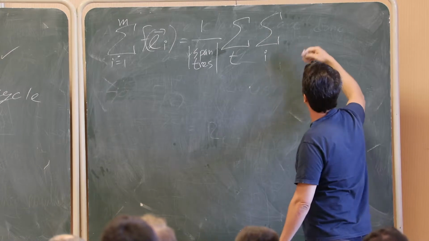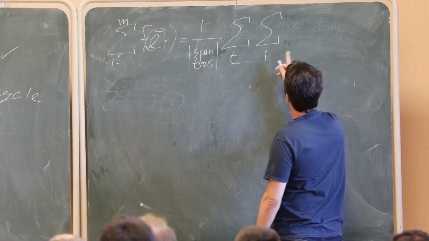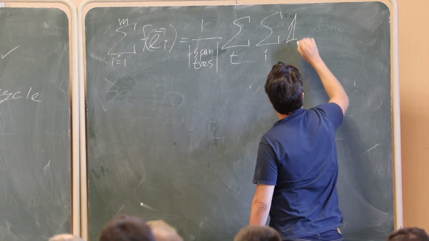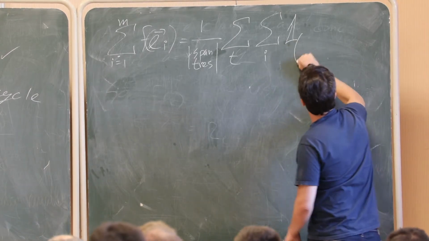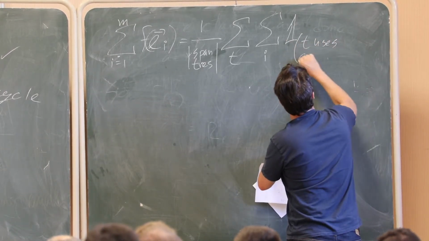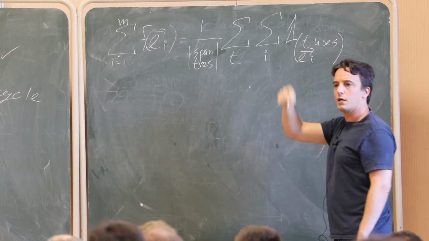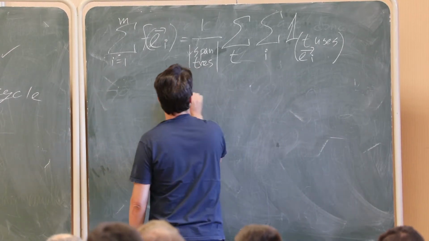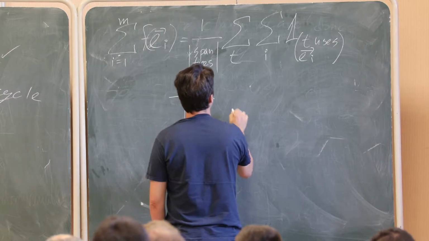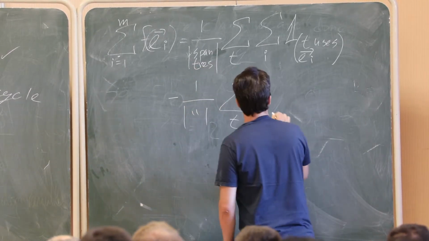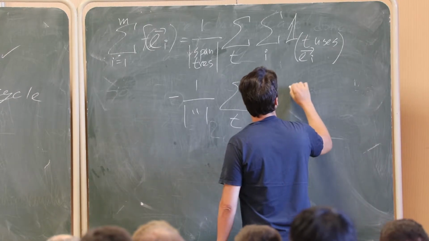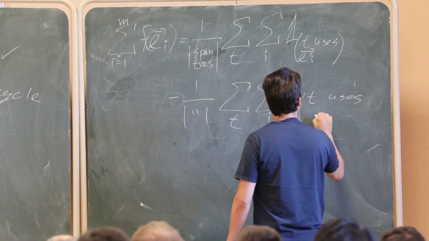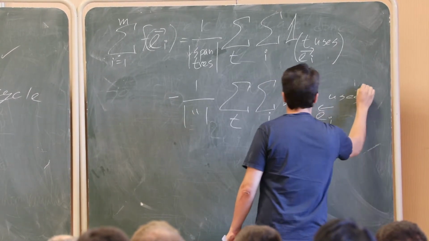So I'm just going to split the plus and the minus into two separate sums. So this will be the indicator that t uses e_i for the unique path from A to Z, and I also need to add the minus: minus 1 over the number of spanning trees, the sum over the trees, sum over i of the indicator that t uses e_i in the negative direction.